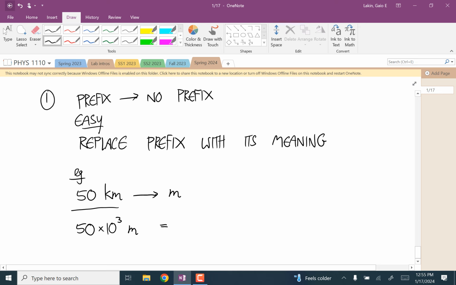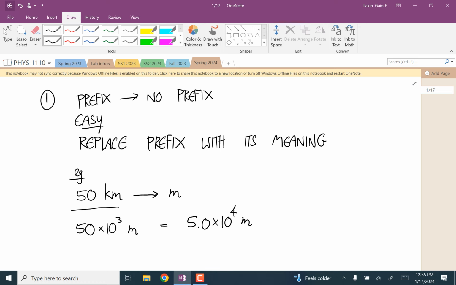In order to keep it the same number, that means you have to multiply the thing on the right by 10. So this is 5.0 times 10 to the fourth. Okay, so that's the easy way.